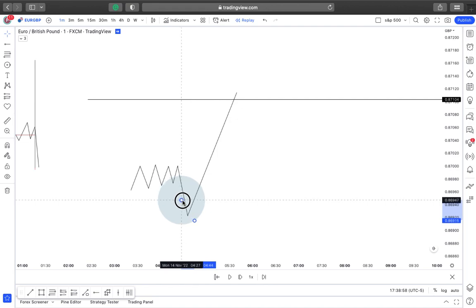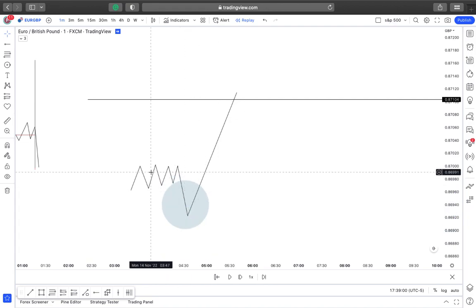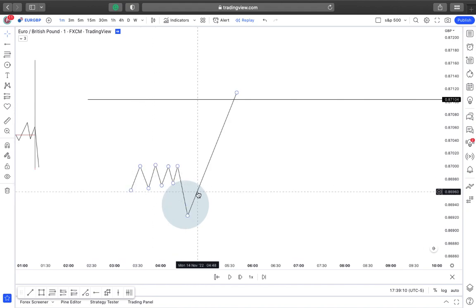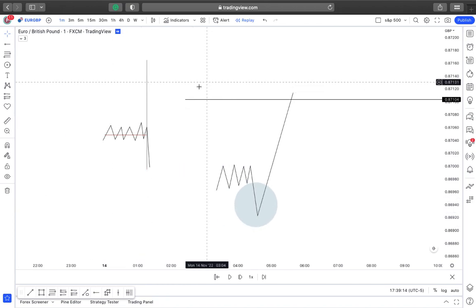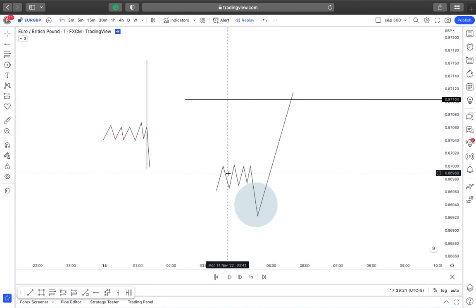If you have any manipulation after the ranging period, your entries would have been inside this manipulation zone, and your target would have been the previous fair value gaps or order blocks and stuff. This is a concept that we will use on lower time frames later, when we use the 90-minute cycles.